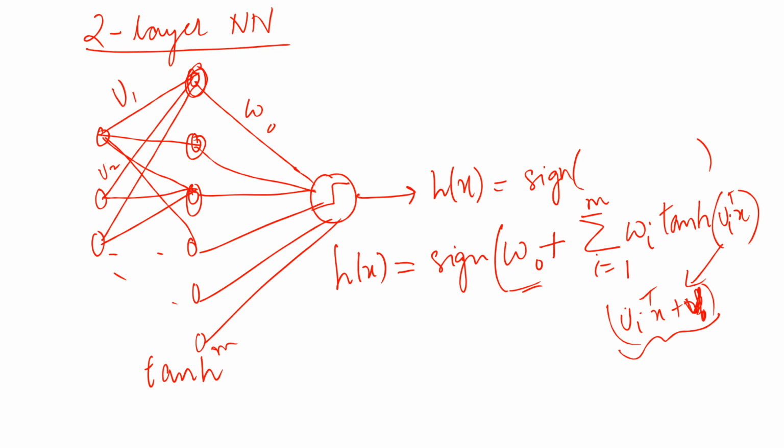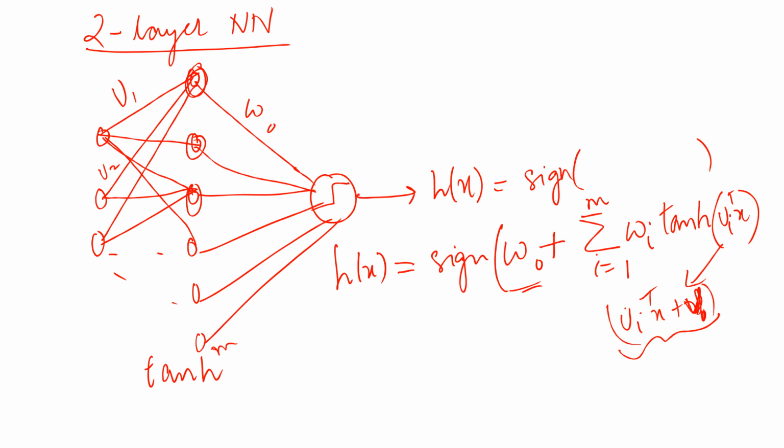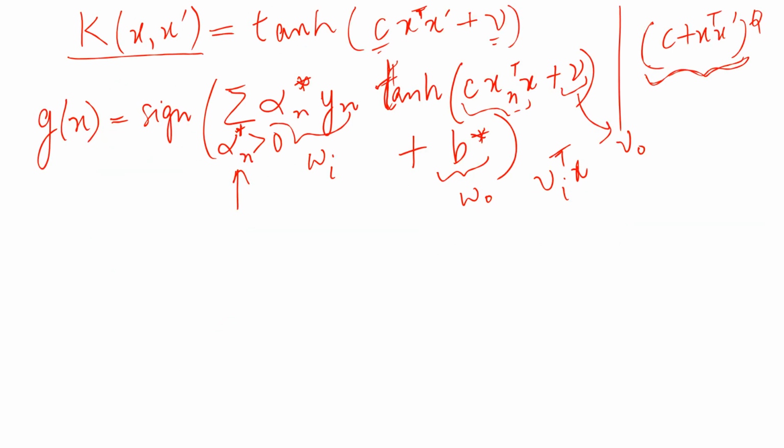And in support vectors, for example in our optimal hyperplane problem, the number of support vectors actually corresponds to the number of hidden nodes, because this is the summation that I have here. This is the summation that corresponds to the number of my total support vectors. So my support vectors are already giving me the number of hidden nodes.